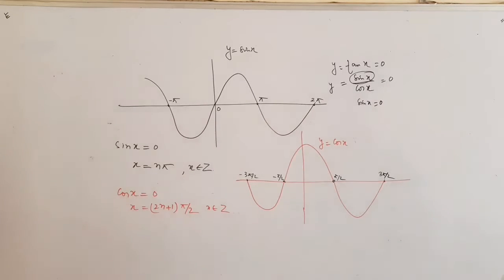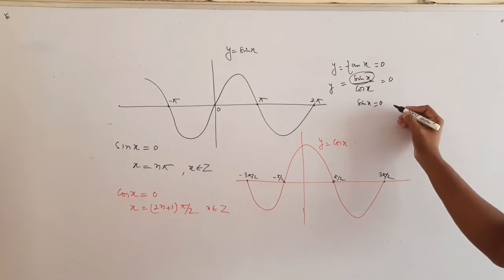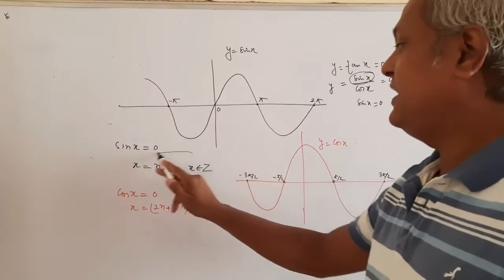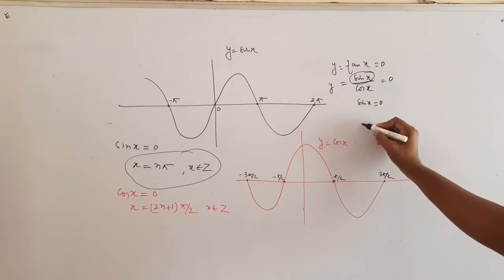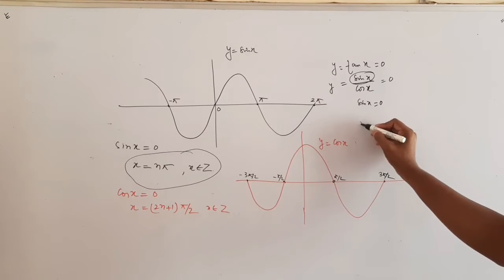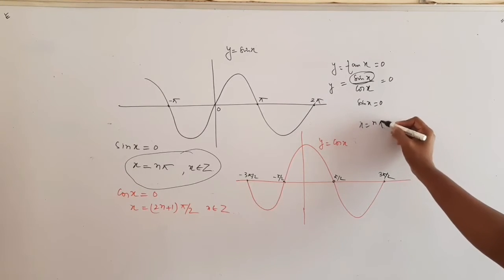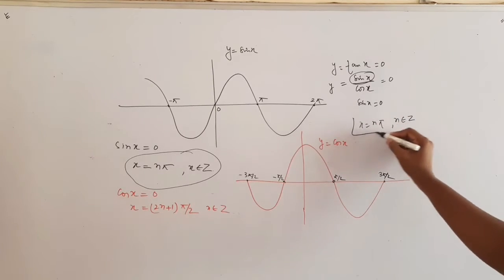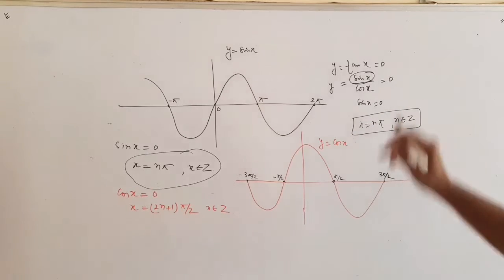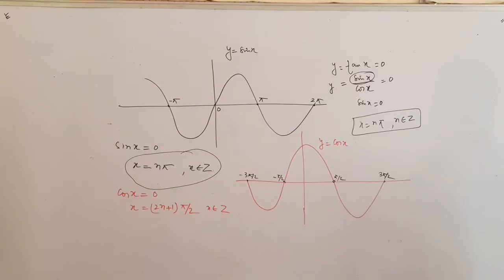Now where is sin x 0? Sin x is 0 when x is equal to n pi. So the solution for tan x equal to 0 is also x equal to n pi, where n is an integer. So these are the solutions for tan x, sin x, and cos x. Now let me clear the screen, then we'll go for the other special cases.